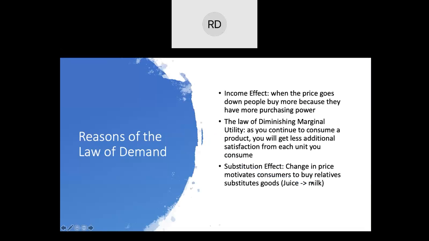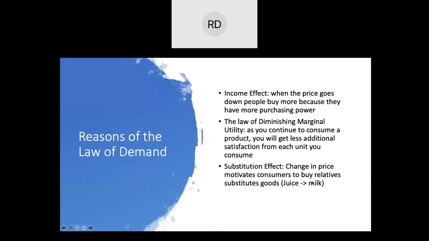Now, there are different reasons behind that law of demand, and the first reason is the income effect. The income effect says that when the price goes down, people buy more simply because they have more purchasing power. Now, let's look at an example real quick. When you have $10 in your pocket and you have to buy this $5 orange juice, you can only buy two of them.